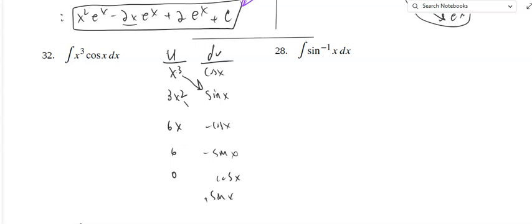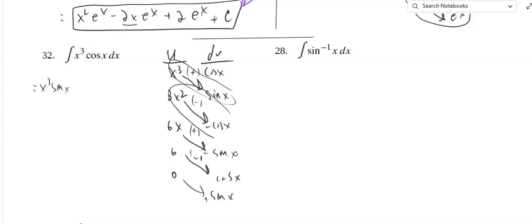Always this way, u times dv. Again, plus, minus, plus, and minus. The last one is a 0, it doesn't count, so multiply those two. The answer is going to be x cubed sine of x. Multiply those. Negative times a negative is a positive: 3x squared cosine of x.